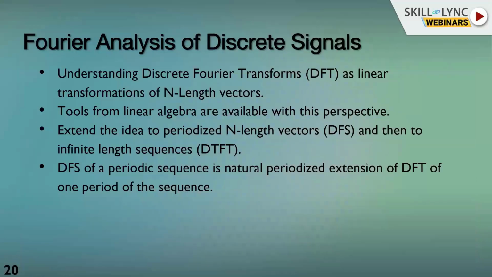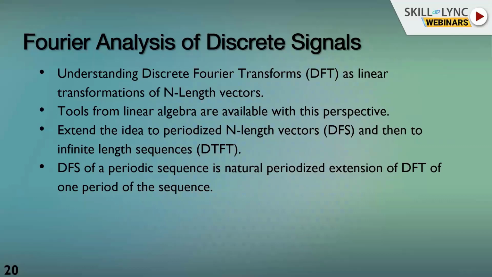Okay, this brings us to the Fourier analysis of discrete sequences. Once we have understood discrete signals as vectors in vector spaces, then we have to understand the DFT or Fourier analysis as a linear transformation of these n-length vectors. What we are doing with these vectors when we take the DFT is changing the basis from the time domain canonical basis to the Fourier discrete basis.